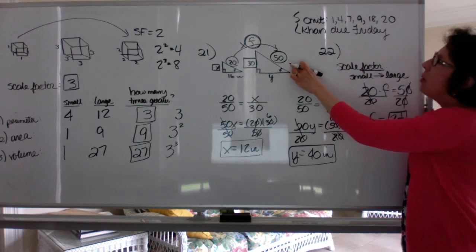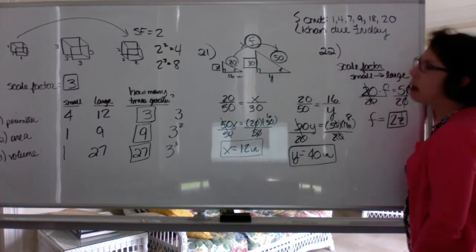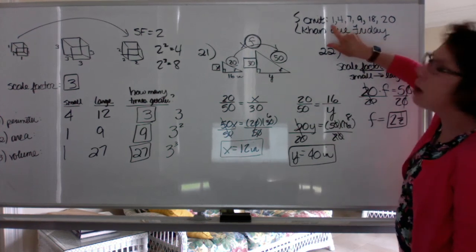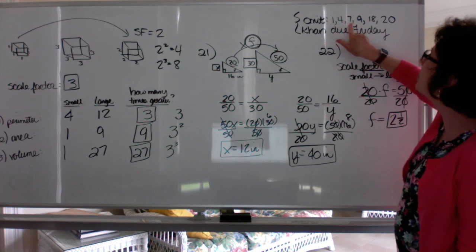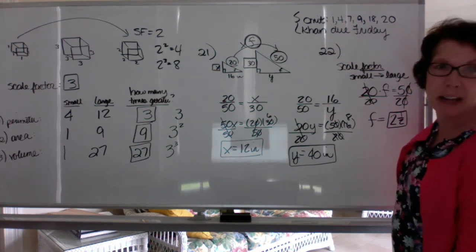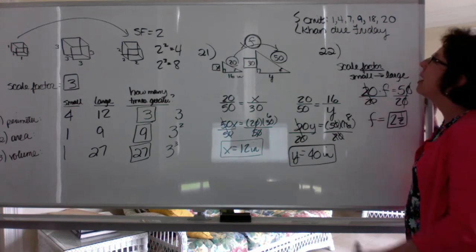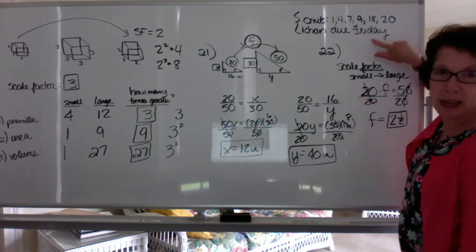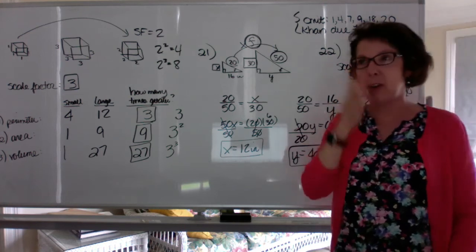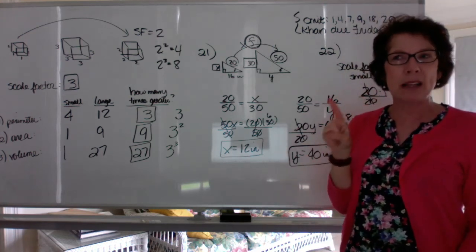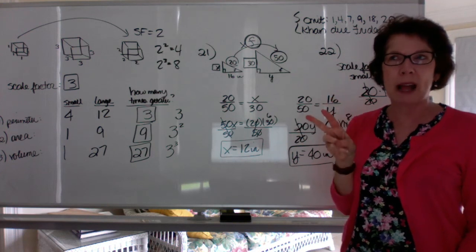Okay, now 2 things to talk about. First is our omissions. We've already done 21 and 22. We're also going to omit 1, 4, 7, 9, 18, and 20. You do have Khan Academy, but I'm only going to give you 2 sets, and one has 4 questions and the other one has 7 questions.